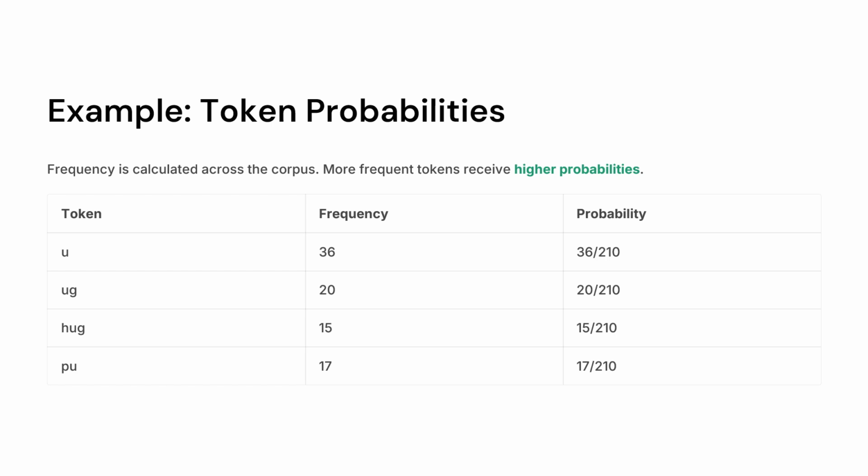Now we calculate the probability of each of the tokens present in the words or in the corpus. Probabilities are calculated by the frequency of that particular token divided by the total frequency of all the tokens.